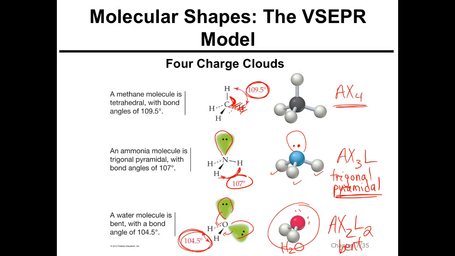If you have lone pairs, they take up a lot of space, and you get quite a bit of repulsion with the bonding electrons, and that closes in the angle in the structure.